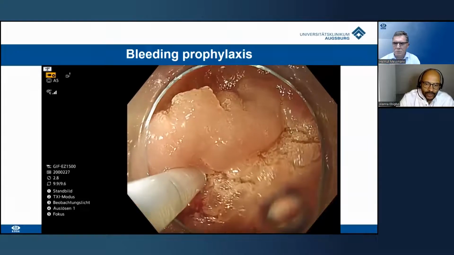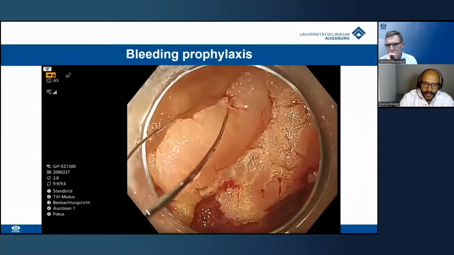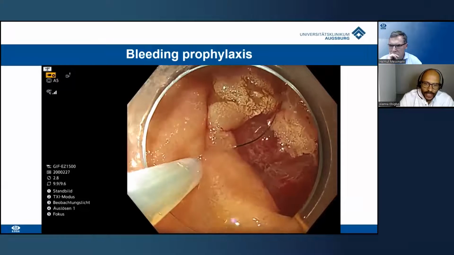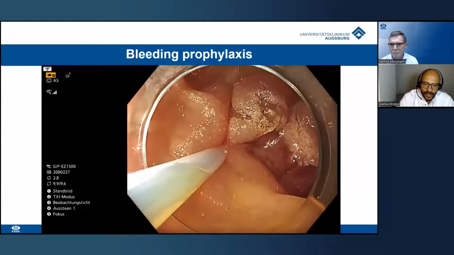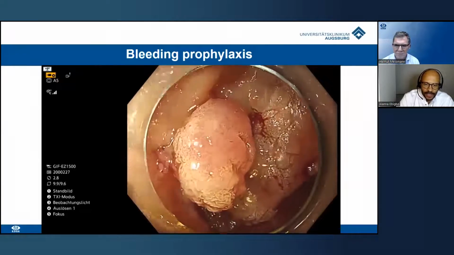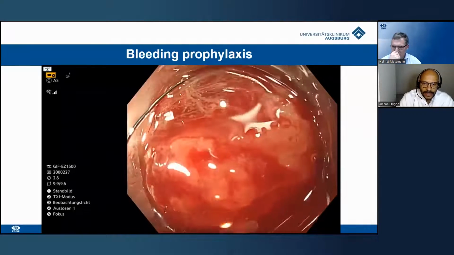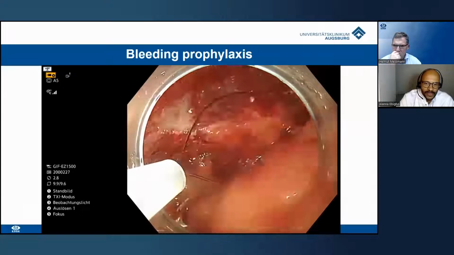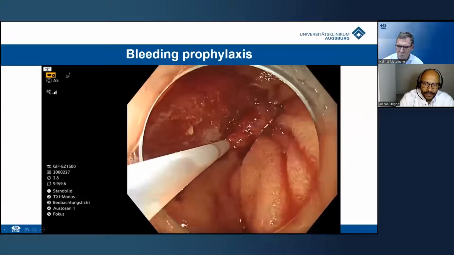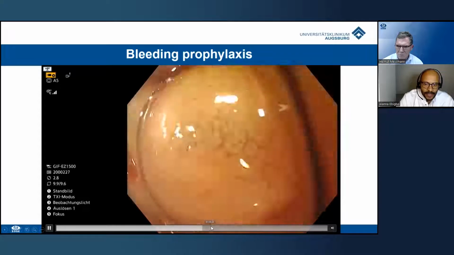In this case, I'll show you a classical piecemeal EMR, which I performed in the duodenum using injection solution, normal saline with a little bit of adrenaline, and a monofilament snare. I usually prefer to use the 10 or 15 millimeter sized snare for the piecemeal resection of such classical Paris 2A lesions.